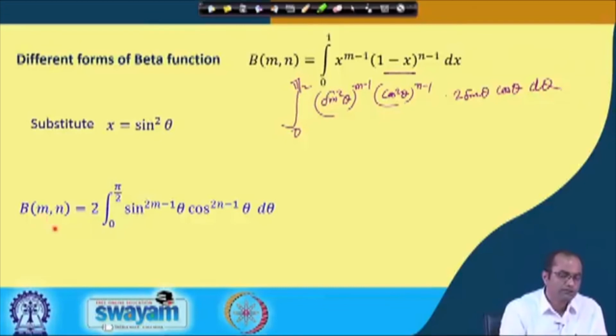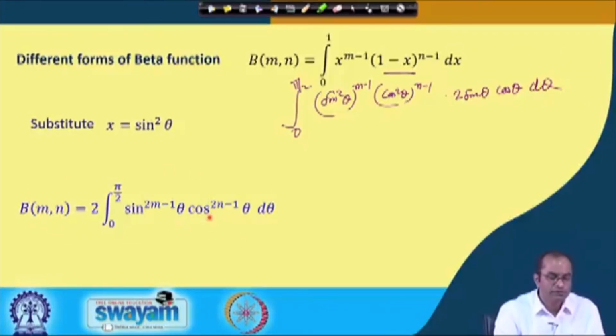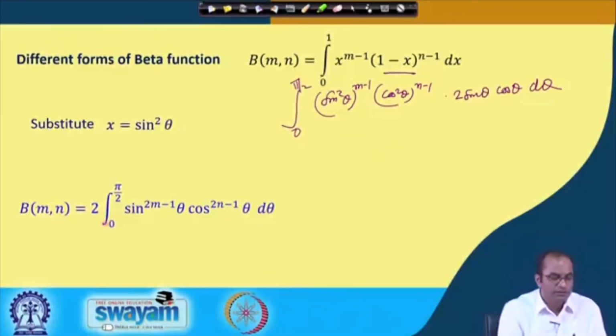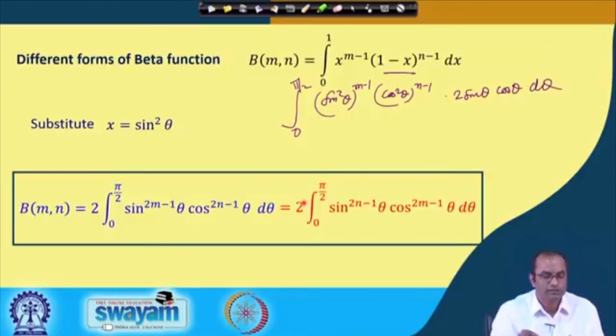So, this is another form of beta m n in terms of trigonometric functions. So, beta m n is 2 times the integral from 0 to pi by 2 of sine power 2m minus 1 theta cos power 2n minus 1 theta d theta, or by just changing the roles of m and n, we can also get sine power 2n minus 1 theta and cos power 2m minus 1 theta.